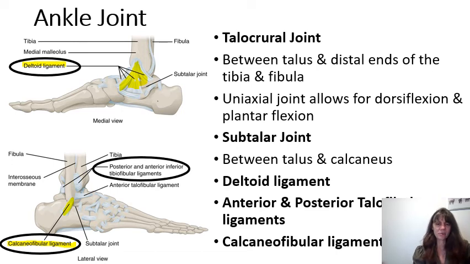This calcaneofibular ligament is weaker and therefore allows the sole of the foot to turn medially in the event of an inversion ankle sprain. There are also anterior and posterior talofibular ligaments going from the talus to the fibula.